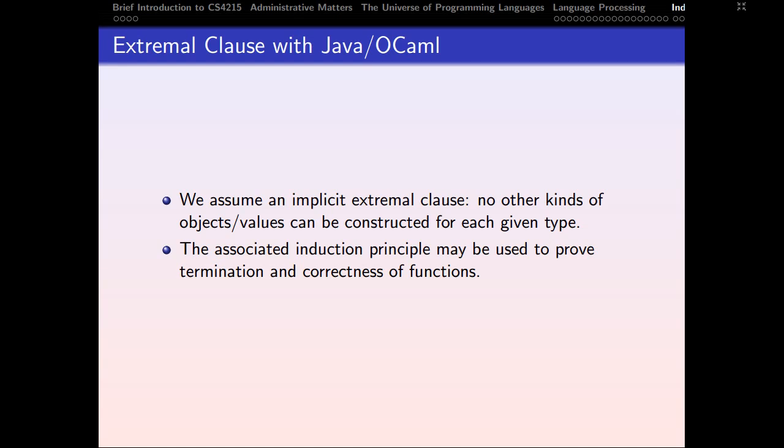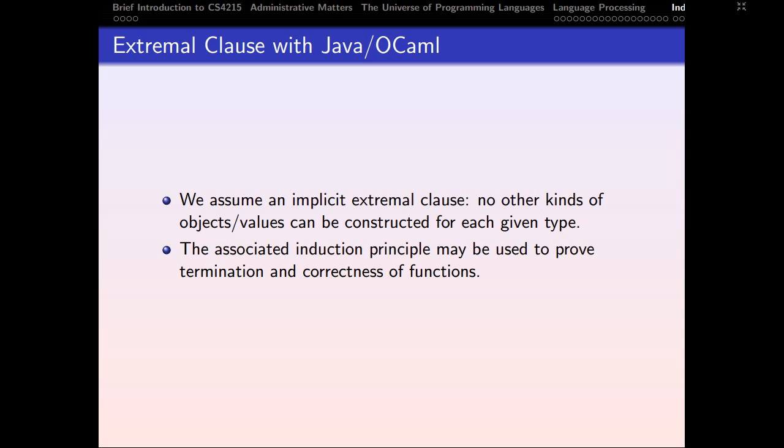So where is the extremal clause? If we're taking the rules and defining them in the types, where is the extremal clause? It's in the implicit semantics of OCaml, right? As well as Java, because it's still a Turing complete machine.